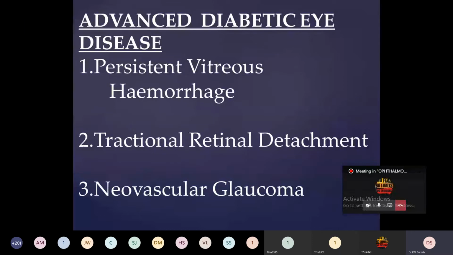Tractional retinal detachment can be there once these vitreous hemorrhages are organized and then cause retinitis proliferans and fibrovascular bands which pull the retina from its attachment. Then these new vessels can grow towards the trabecular meshwork and towards the iris tissue, rubeosis iridis, and in such cases you can see neovascular glaucoma, which is also one of the entities in advanced diabetic eye disease.